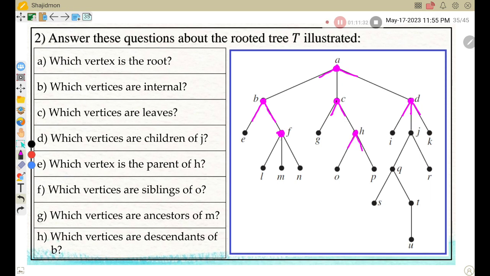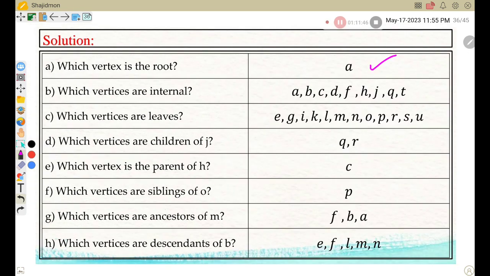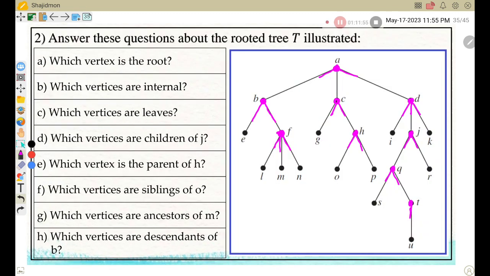F also internal vertex. Q is internal vertex. J is internal vertex. T is also internal vertex. Okay, all the vertices having children, that is called internal vertex. So we can write the answer A, B, C, D, F, H, J, Q and T. These are the internal vertices. Hope you understood that one.